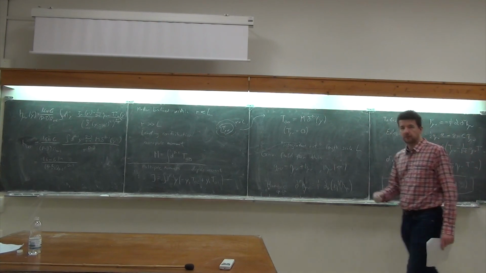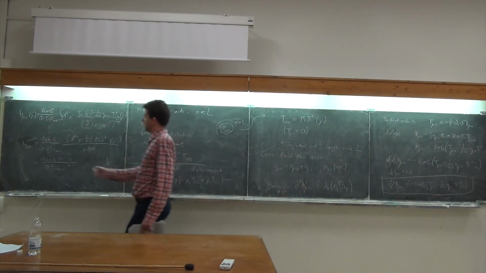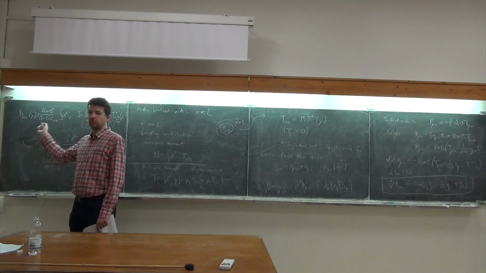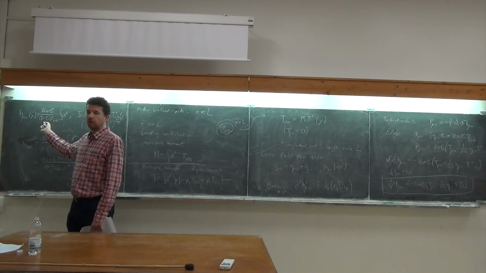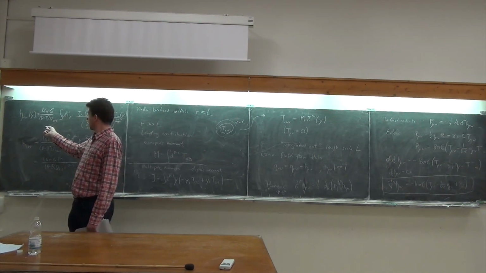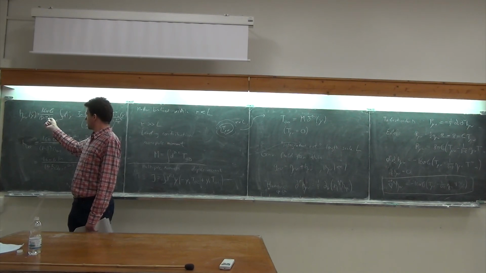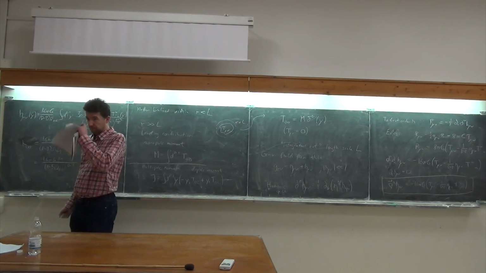When you solve this, you get this d minus 2, the volume of the d minus 2 dimensional unit sphere.